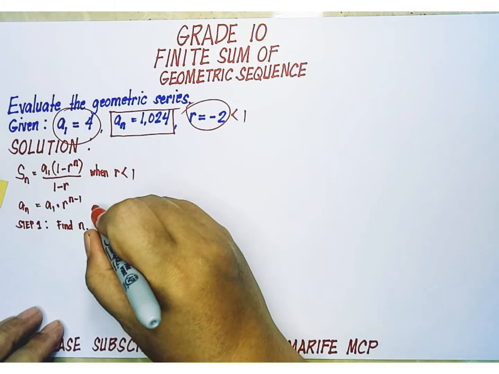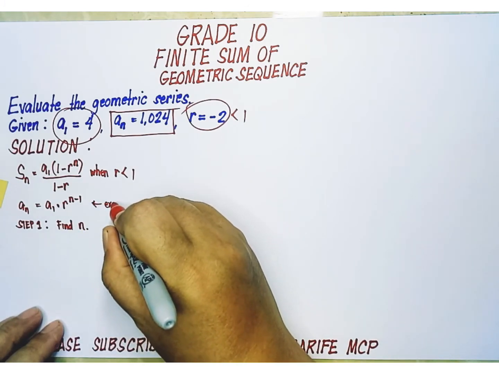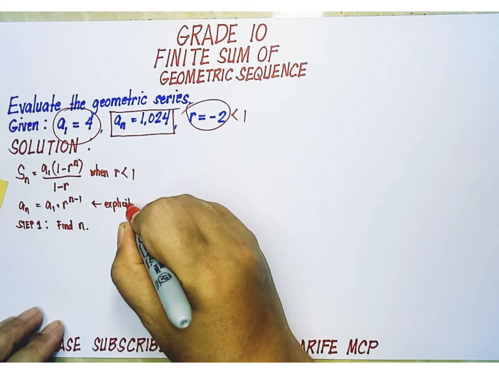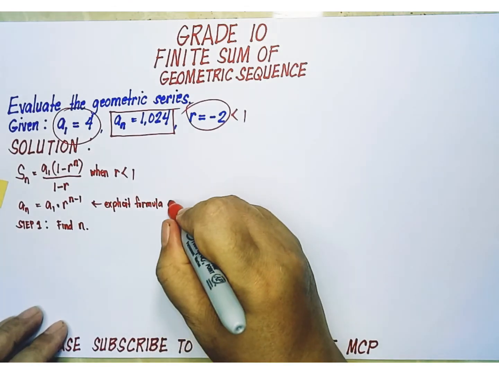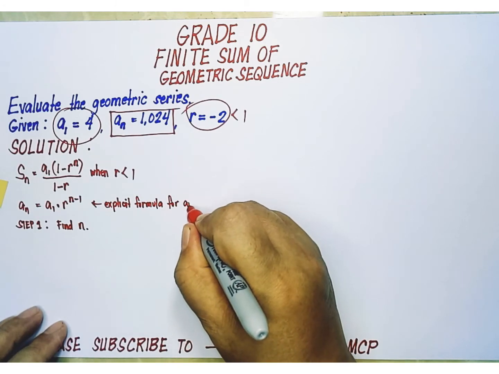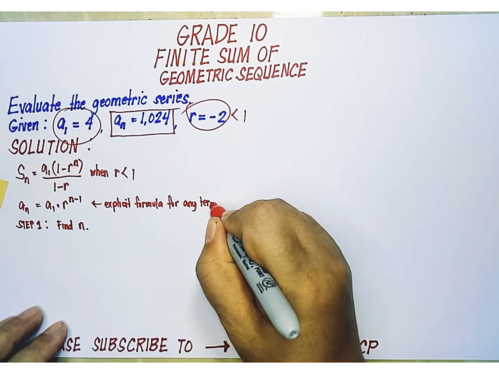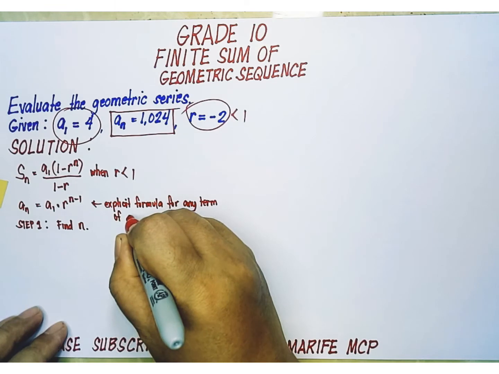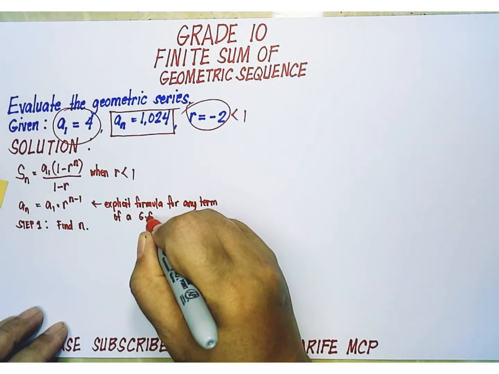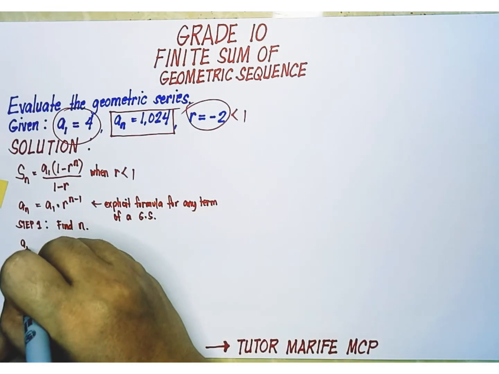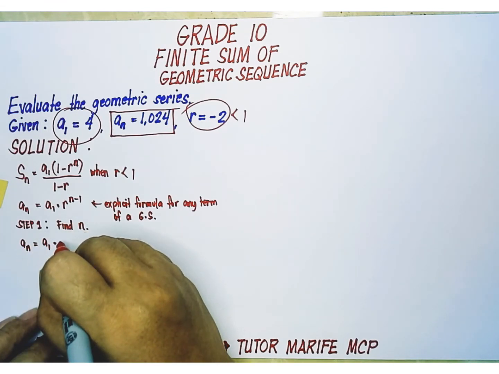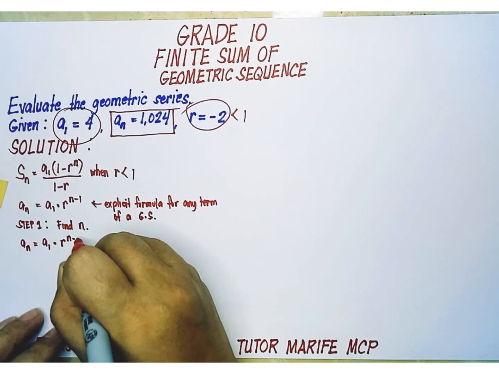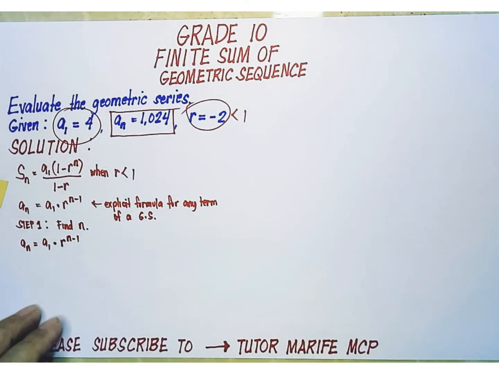Okay, so let's use the explicit formula for any term of a geometric sequence. And that's a sub n equals a sub 1 multiplied by r raised to n minus 1. Okay, let's plug in the given values.